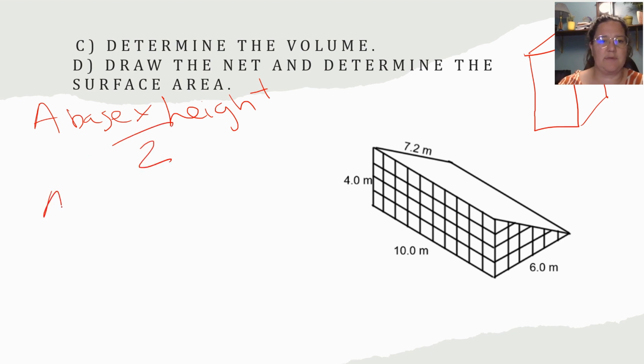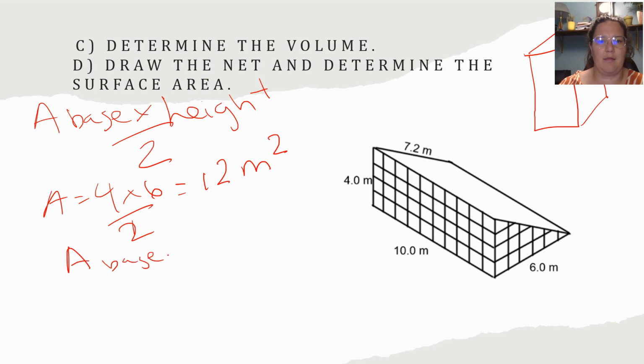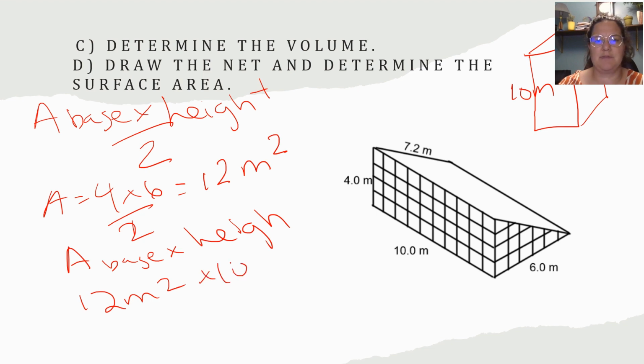So area is equal to 4 multiplied by 6 divided by 2, giving a total of 12 meters squared. Now we have to take the area of the base multiplied by the height of that whole shape, which is going to be 10 meters. So 12 meters squared times 10 meters is equal to 120 meters cubed.